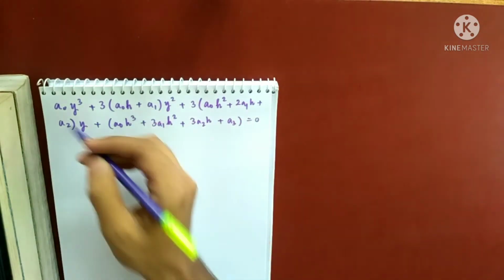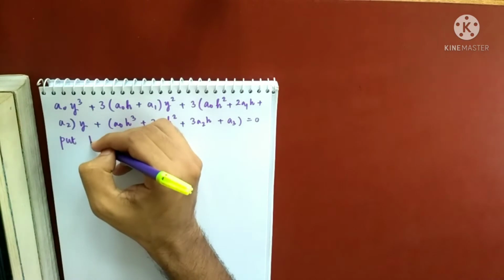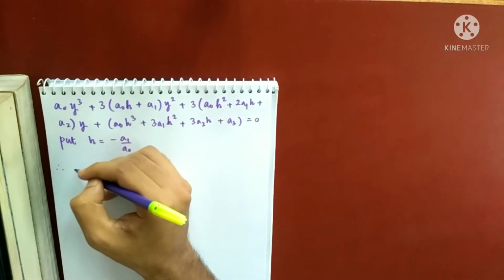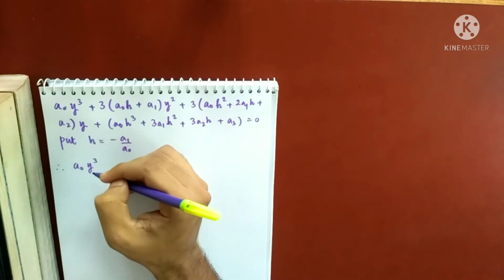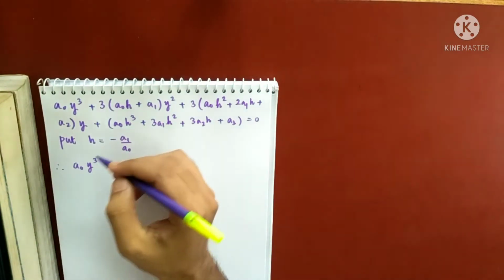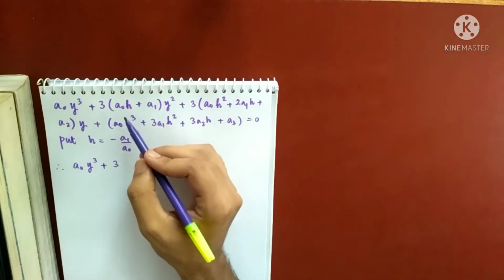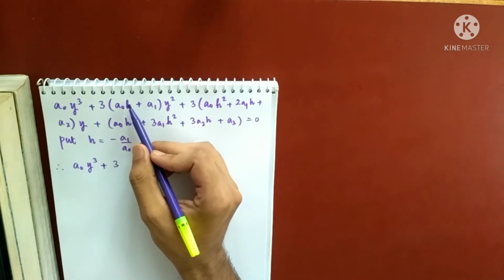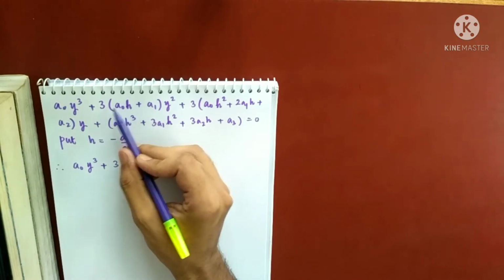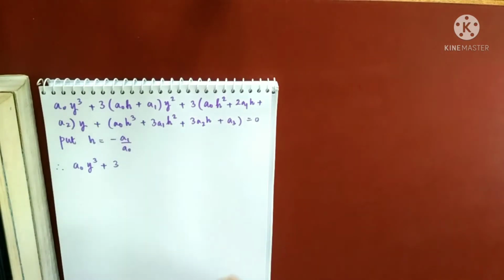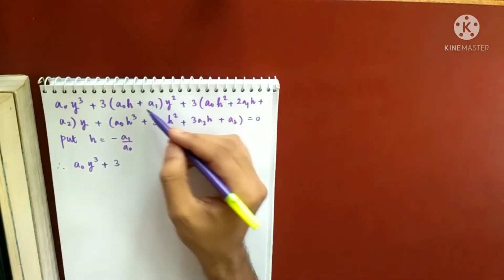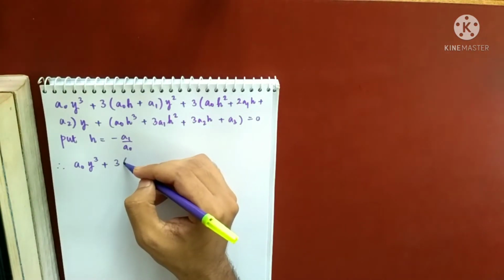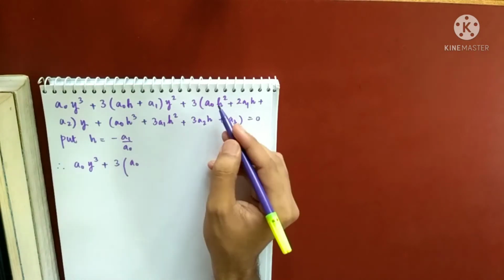So to remove the second term, we are going to put h equals to minus a1 by a naught. So therefore what we get, a naught y cube, plus 3 times, sorry, this will not be there, because if I am putting h equals to minus a1 by a naught, this term will become 0, and that was the reason I was putting h equals to minus a1 by a naught. So this one will be a naught into h square.